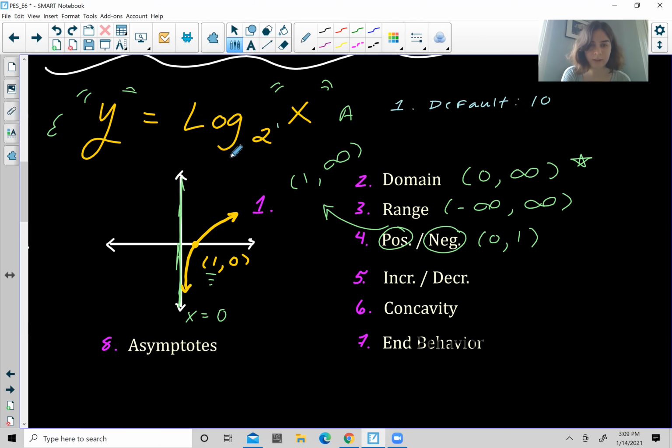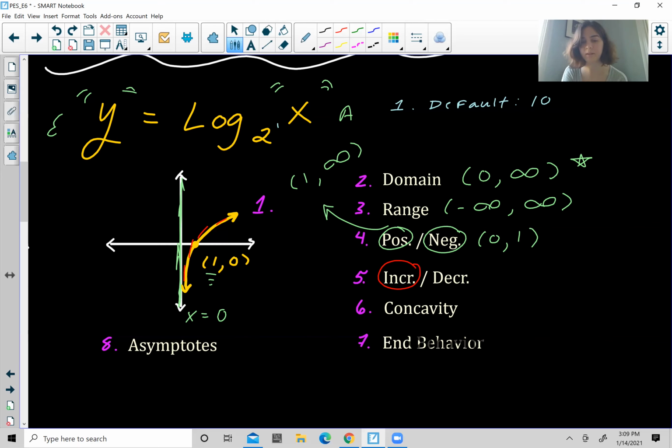All right, and then increasing and decreasing. Let's use our tangent lines. I'll do that in red. So if I draw my lines on here, we can see that I start out pretty positive, and then it doesn't really stay super positive, but the slopes are still positive. So we would say that it is increasing.